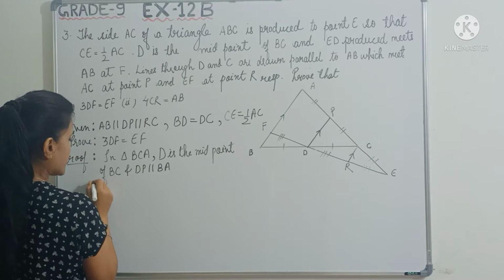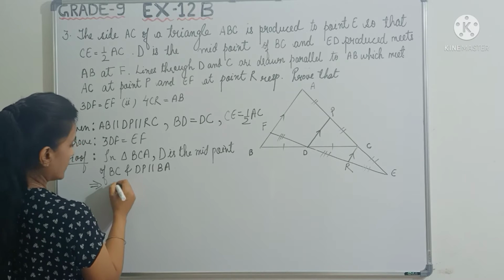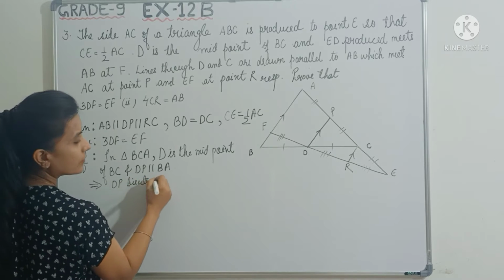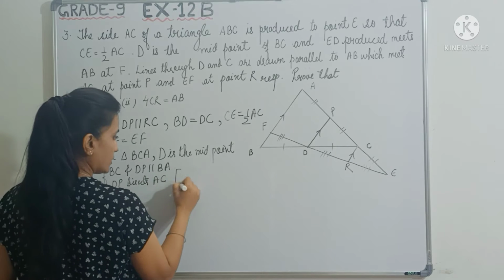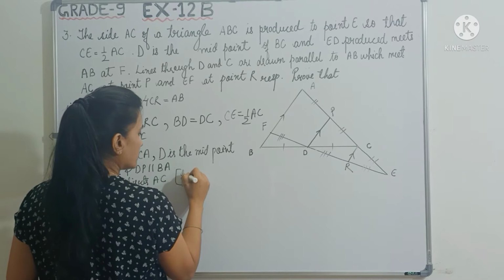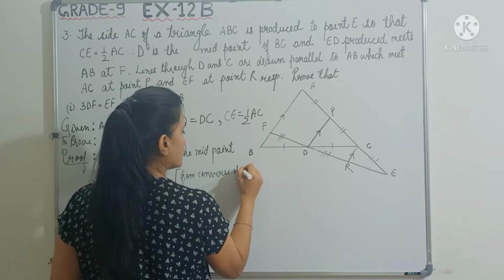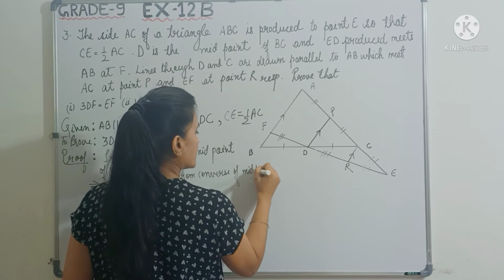This implies DP bisects AC. This is from the converse of the midpoint theorem.